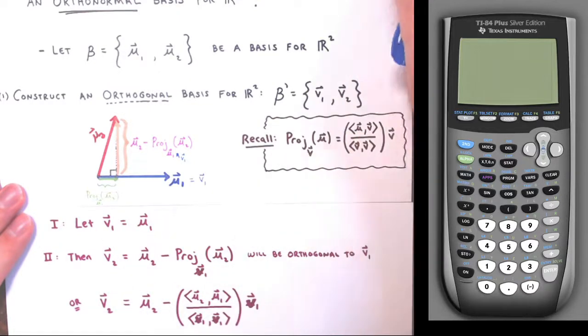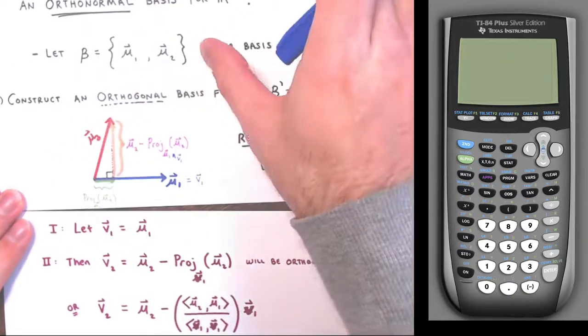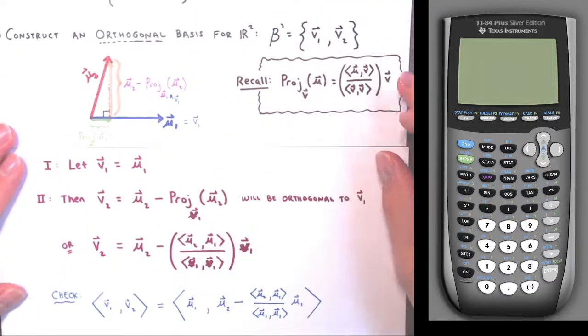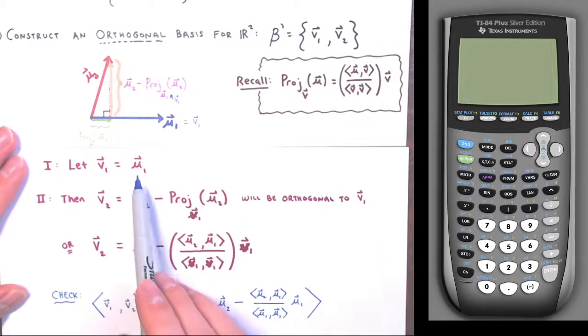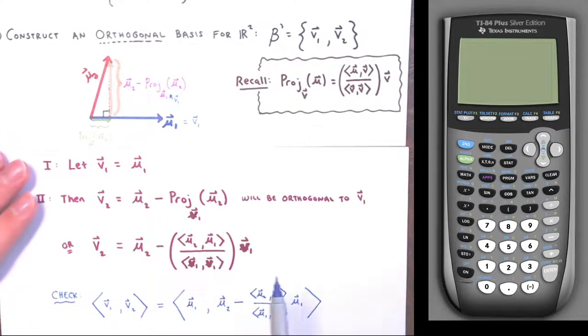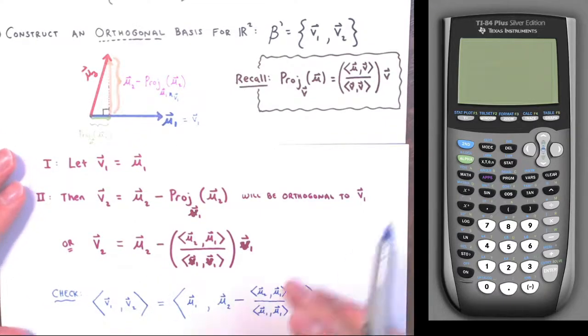And we can check. I just wrote it out for this example here. We could check that they're orthogonal, u1 and u2 minus the projection of u2 onto v1 or u1, by taking their inner product.